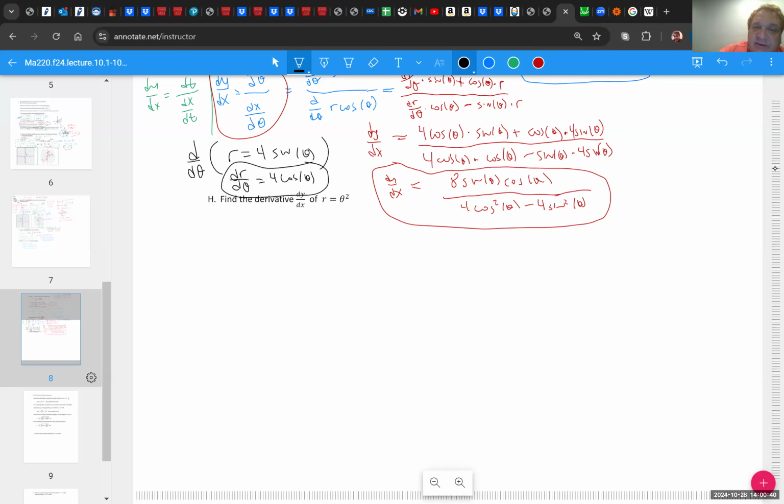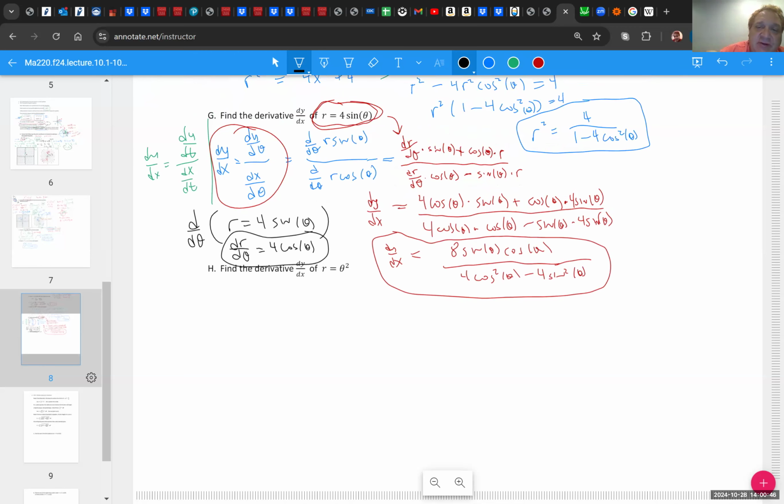So we're looking for dy dx of r is equal to theta squared. And you can do all these steps again, but if you just have this formula written down, it's always going to be the derivative of r sine theta on the top and the derivative of r cosine theta on the bottom.